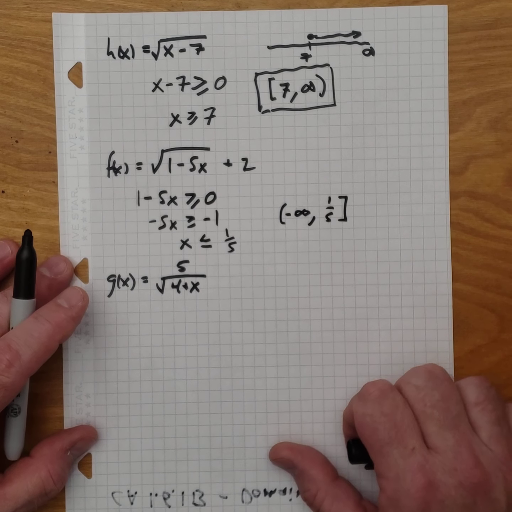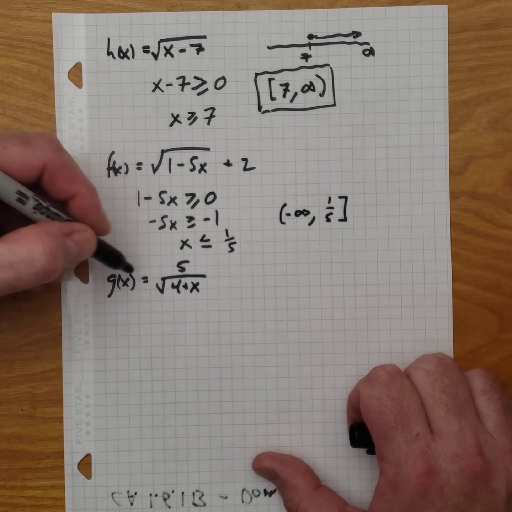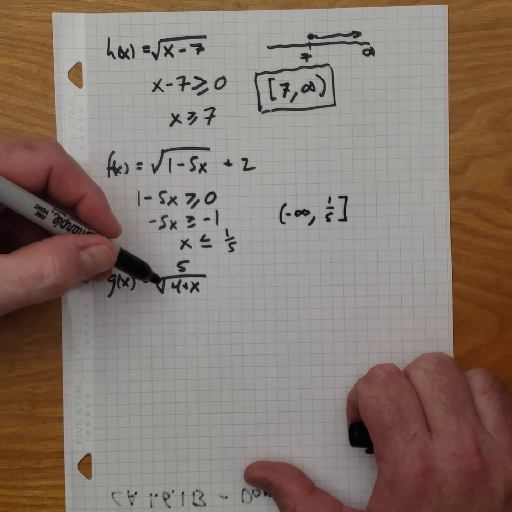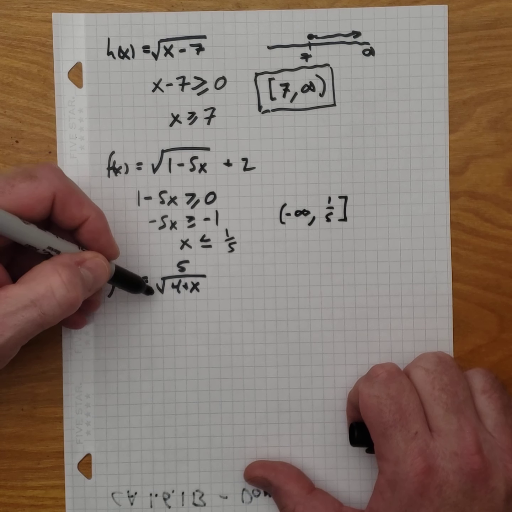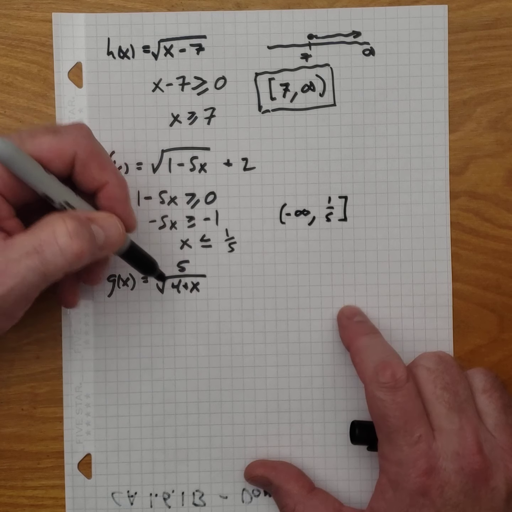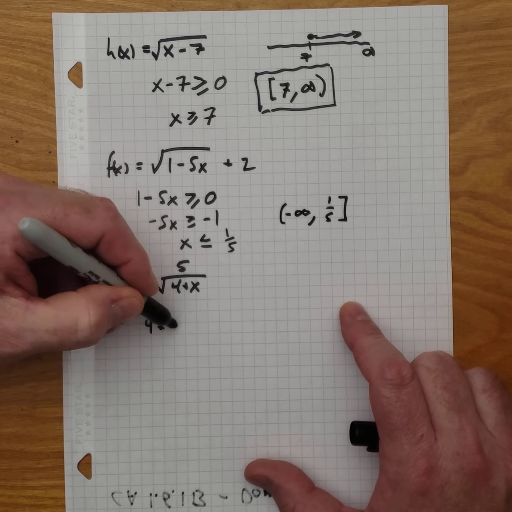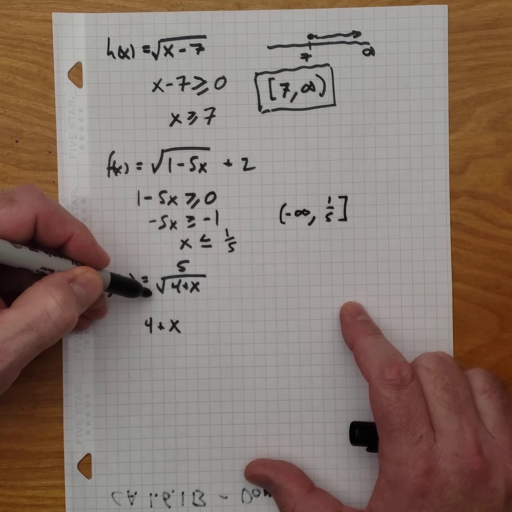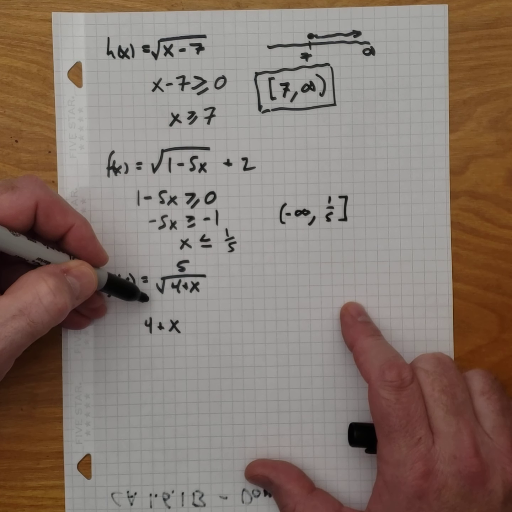One more, just to illustrate something a little bit different. Here we've got g of x is equal to 5 over the square root of 4 plus x. We still need what's under the radical, right? We still need our 4 plus x to be greater than or equal to 0. But since this is in the denominator of the fraction, it's not allowed to be 0.